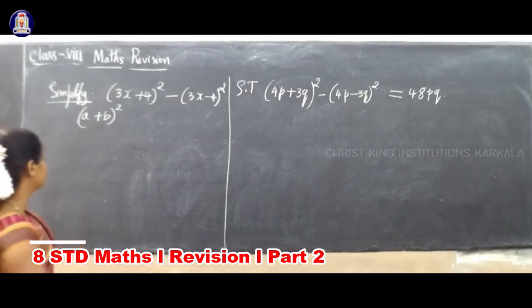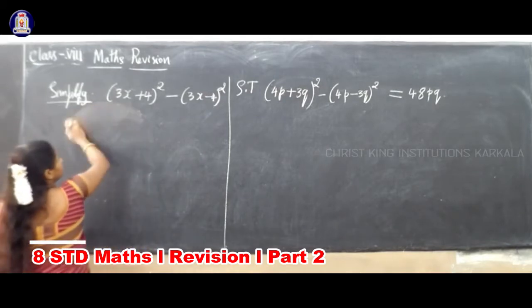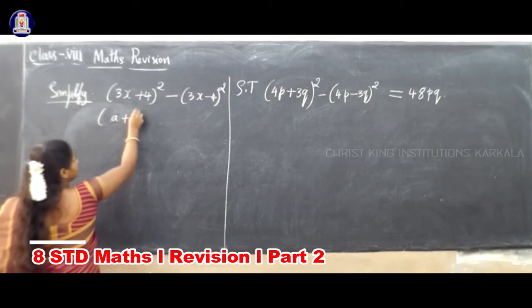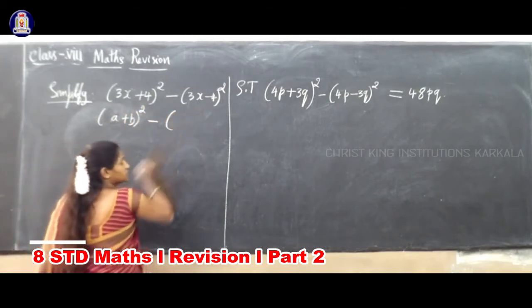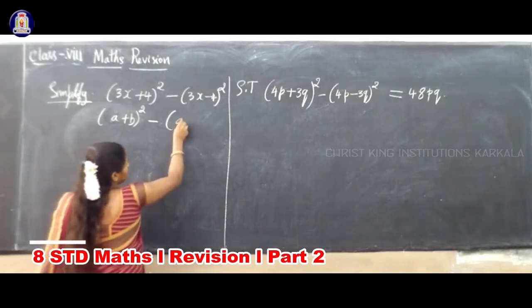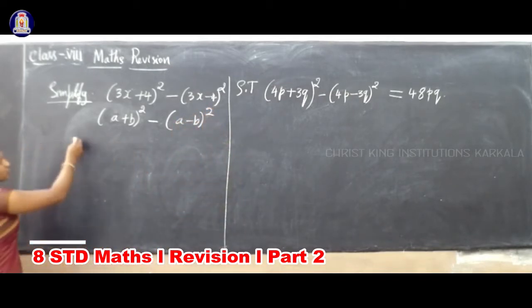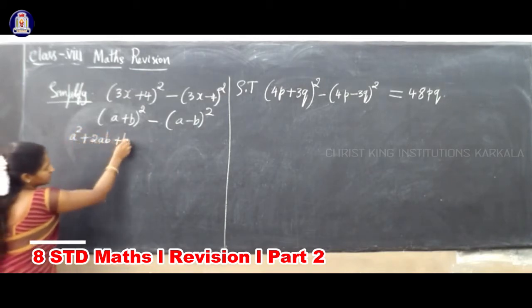So now we will write the formula or identity. (3x + 4) the whole square means (a + b) the whole square, minus (3x − 4) whole square means (a − b) the whole square. Now (a + b) whole square is a square plus 2ab plus b square.